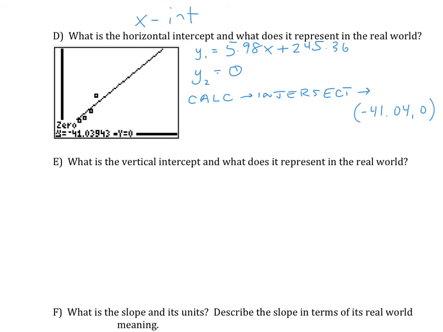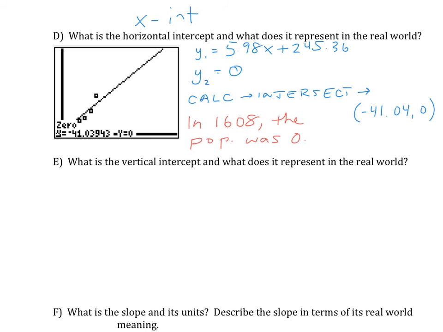All right, so what does this say? What does this mean? Well, technically, it's saying in the year 1608, the population was 0. Does this make sense? In 1608, were there people around?